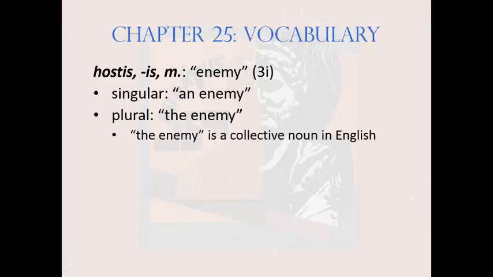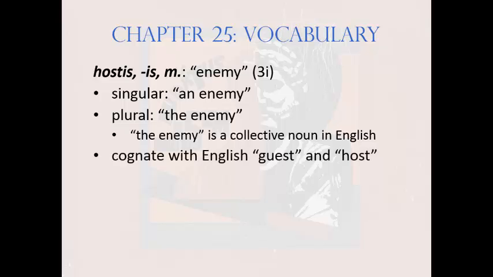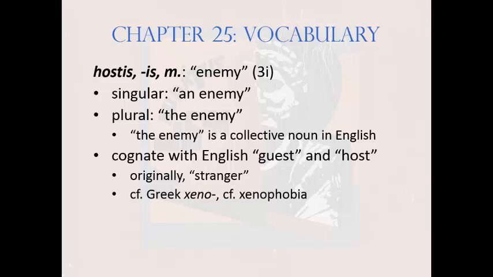The enemy is a collective noun in English. That is, it's grammatically singular, but it refers to a group of individuals, like class or troop. Etymologically, hostis is related to English guest or host, both stemming from a sense of stranger. Also related is the Greek base xeno, from which we get xenophobia, the fear of strangers.